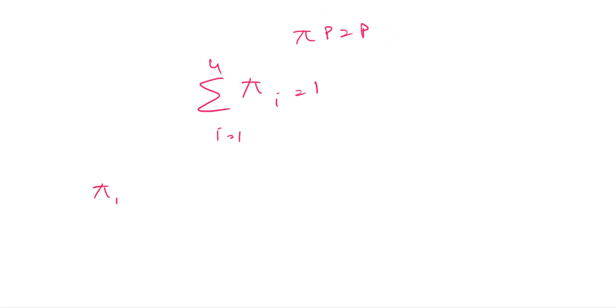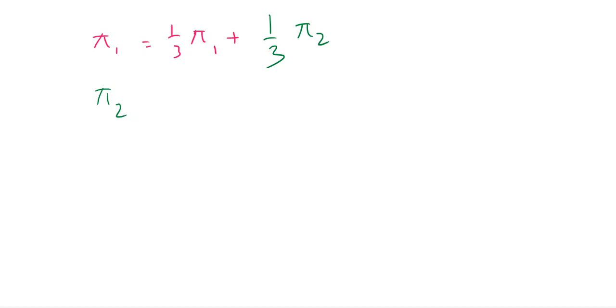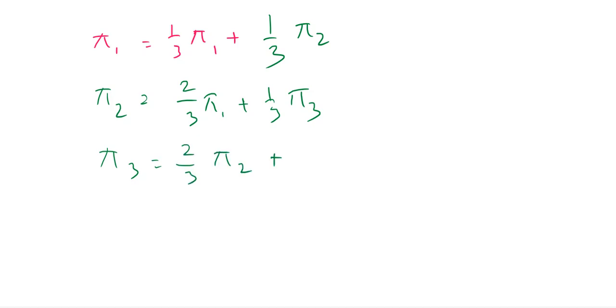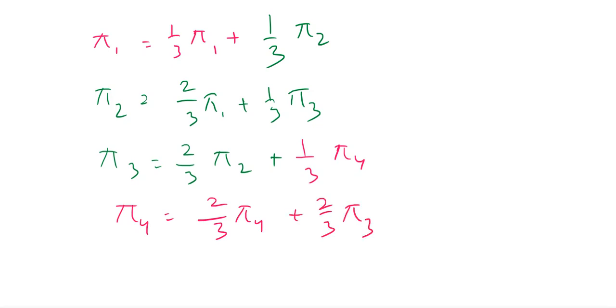Here pi 1 equals 1/3 pi 1 plus 1/3 pi 2, and pi 2 equals 2/3 pi 1 plus 1/3 pi 3, and pi 3 equals 2/3 pi 2 plus 1/3 pi 4, and pi 4 equals 2/3 pi 4 plus 2/3 pi 3.